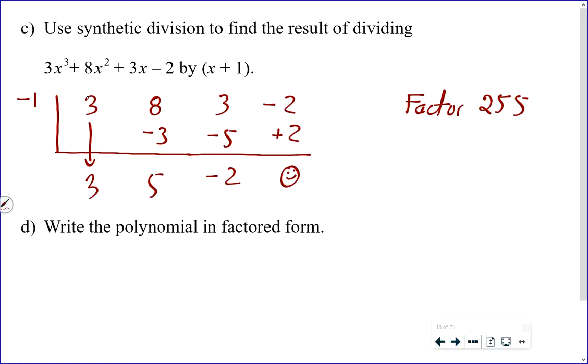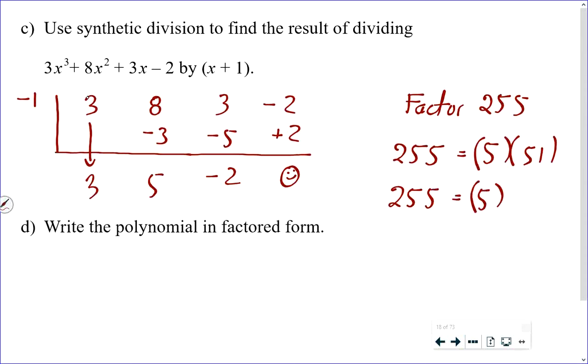I should get 51. What does that mean? It means that the original thing is equal to the thing that we knew was a factor times the result of the division, right? And now you can go, well, how does 51 factor? And it turns out it's 17 times 3. It's not a prime number, it's 17 times 3. So what you would do is you would say, well, I've extracted that 5. Now how can I break the 51 apart? And I go, it's 17 times 3, or 3 times 17. Are you with me on that?